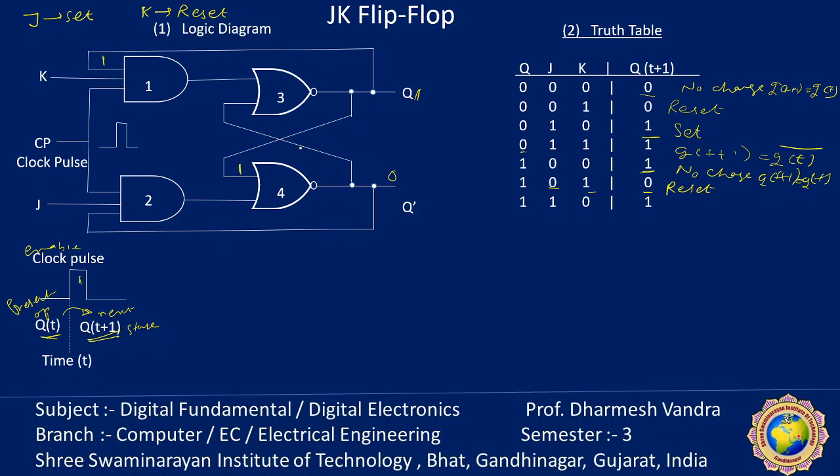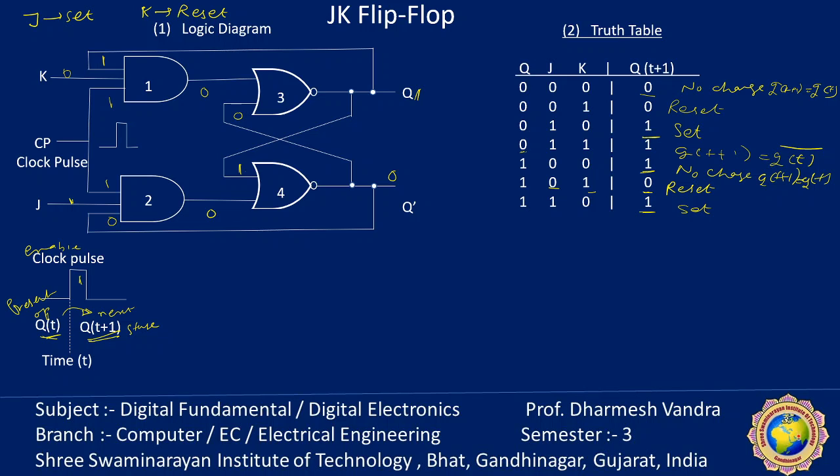Q dash is obviously 0 and the clock pulse is applied. J equal to 1, K equal to 0. So both gate number 1 and gate number 2 give 0. 0 plus 0 is equal to 0, whole bar is equal to 1. So 1 plus 0 is equal to 1 and its complement is 0. 0 is applied here. So now Qt+1 is equal to 1. It is called the set condition.